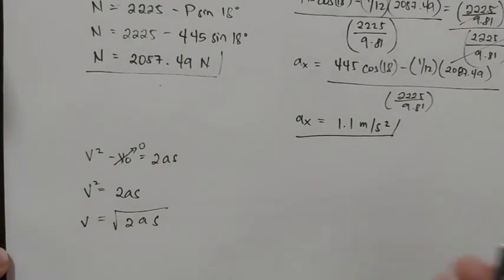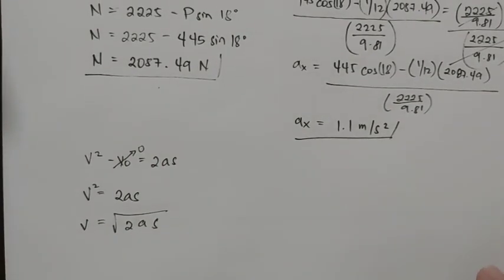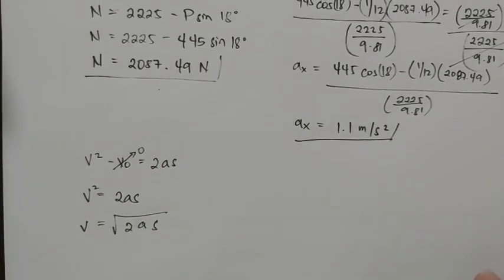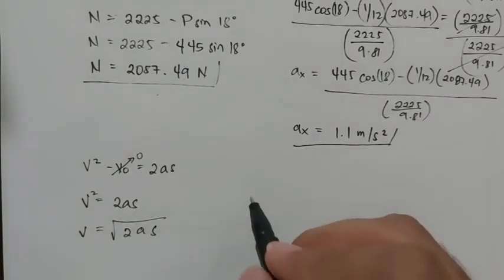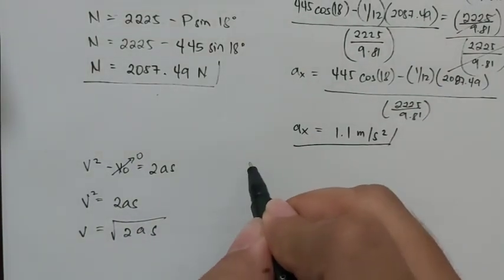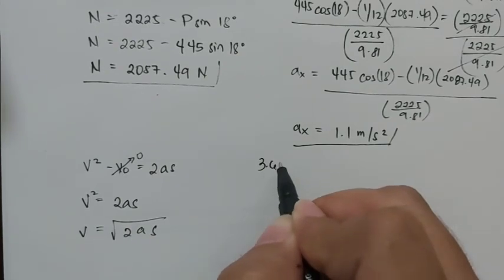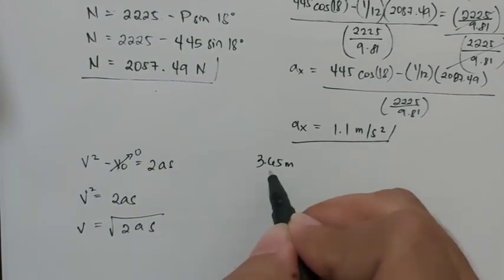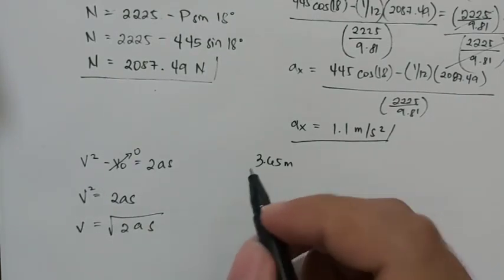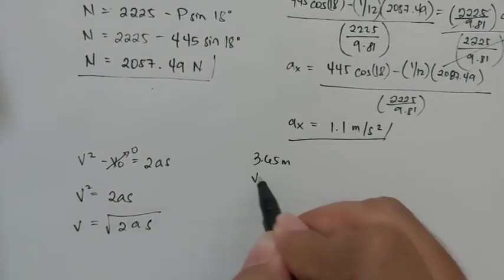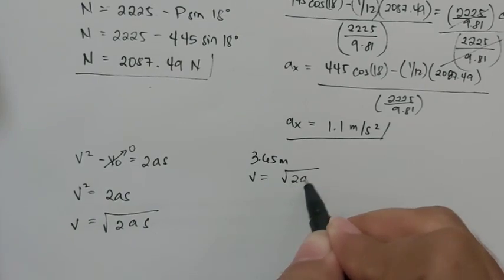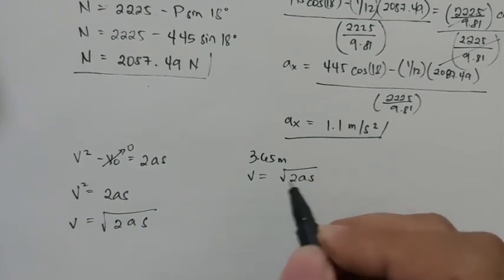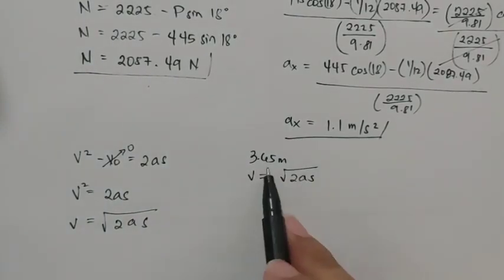For our first velocity, from rest in the first 3.65 meters, we have the formula v is equal to the square root of 2 times acceleration times the distance. Our first distance is 3.65.